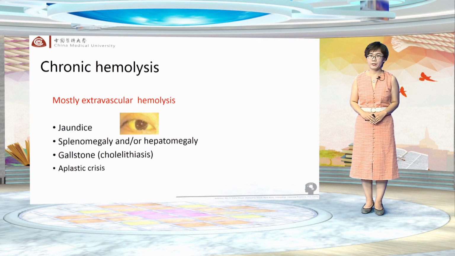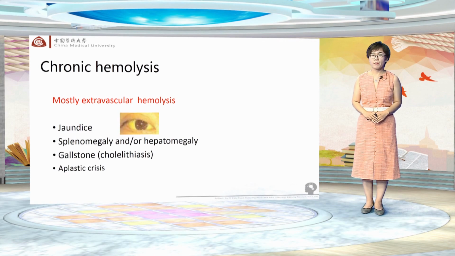Patients have anemia, leukopenia, and thrombocytopenia. And the bone marrow is hypoplastic and has giant pronormoblasts. This is called an aplastic crisis. A commonly cited cause of transient aplastic crisis is parvovirus B19 infection. Other viral or bacterial infections may also cause transient aplasia.